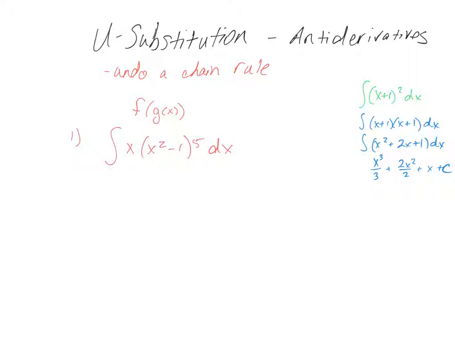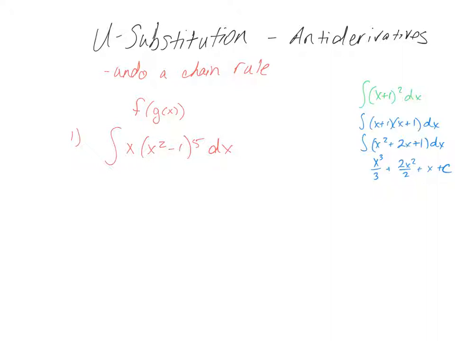But in this case, I have an x to the 5th power. That scares me a little bit because I do not want to have to spend the time to multiply this binomial out 5 times. So that's why we need this rule for our antiderivative of a chain rule. So we use U-substitution.